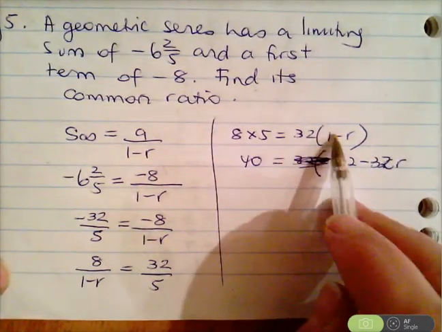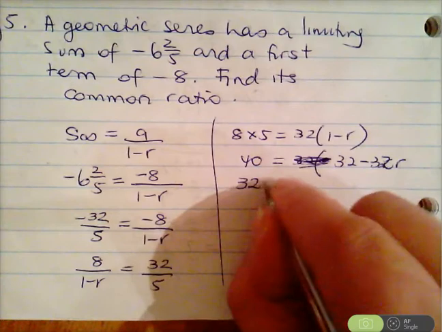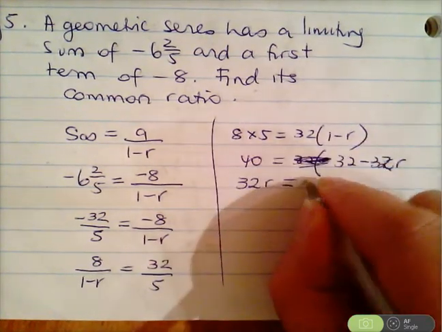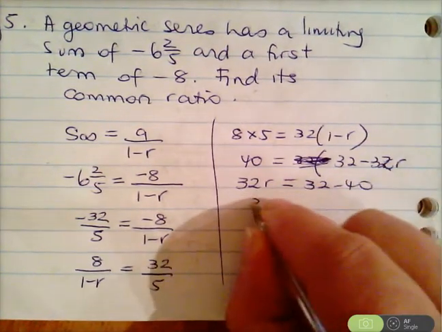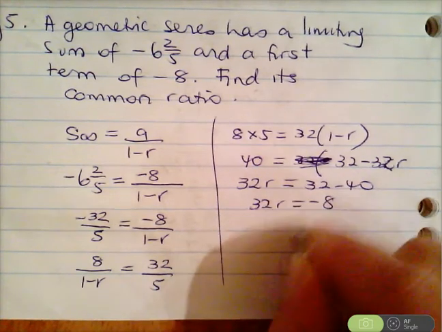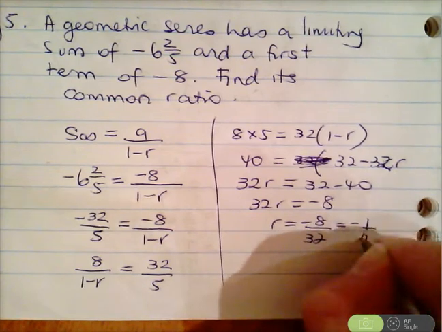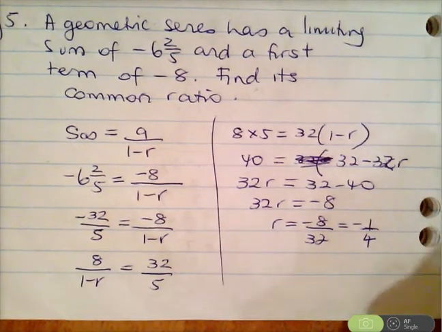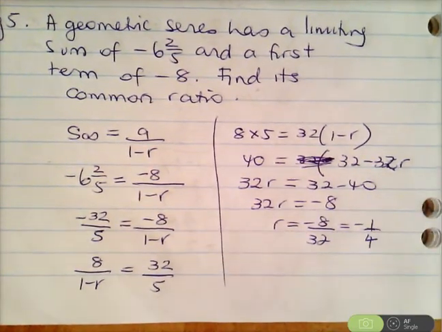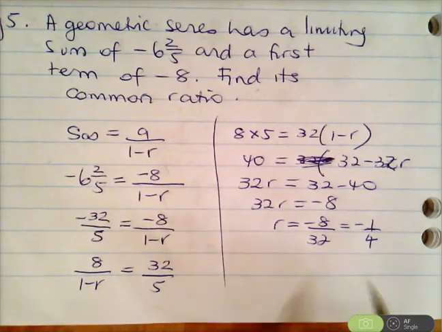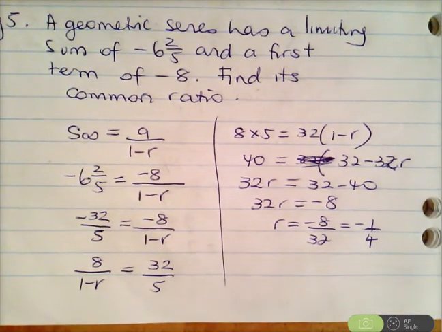So 32r, taking that to the other side, is 32 minus 40, so 32r is negative 8. So r is negative 8 over 32, which is negative 1/4. So the common ratio is negative 1/4, noticing that the absolute value of r is less than 1.